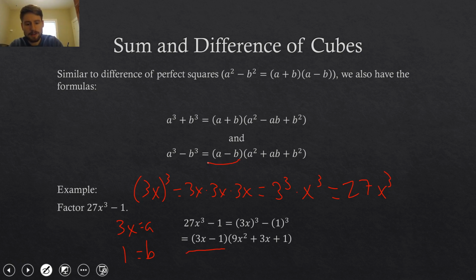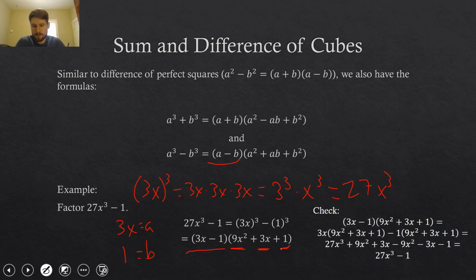And then we have a squared, which is 9x squared, plus ab, which is 3x times 1, plus b squared, which is 1. Okay? So that's the three terms. And if you were to FOIL this all out, which we will do next, if you were to expand 3x minus 1 times 9x squared plus 3x plus 1, you'd find all those middle terms cancel.